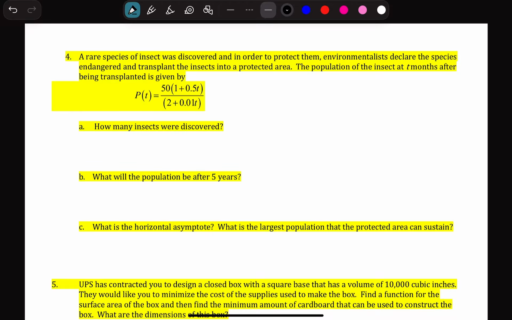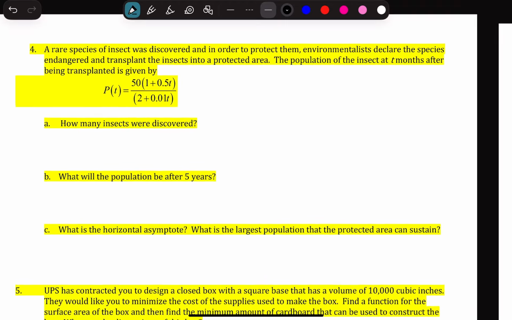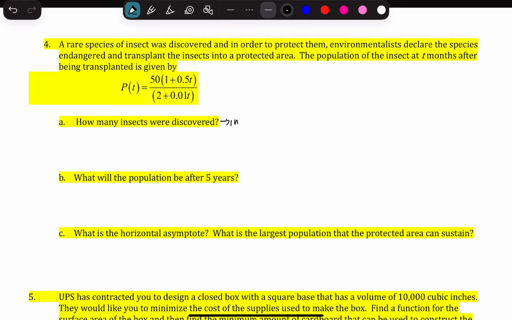So first, how many insects were discovered? So this means that we need to look at the initial population. So we have to look at t of 0. So then when we sub in t of 0, we get P of 0 is equal to 50 times 1 plus 0 divided by 2 plus 0. So then we get 50 over 2, and that's equal to 25 insects.